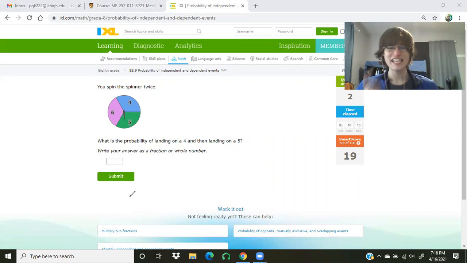Therefore, these are independent events, spinning it and trying to land on a 4 and subsequently on a 5. So then what is the probability?